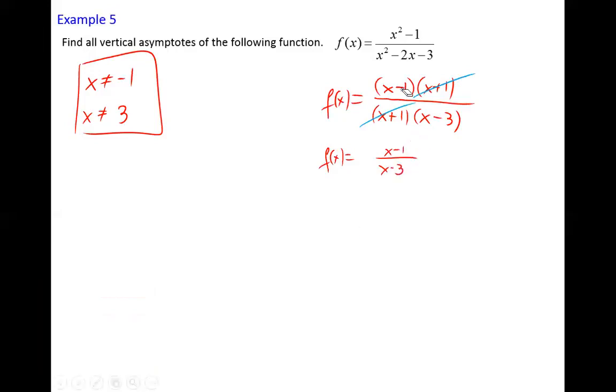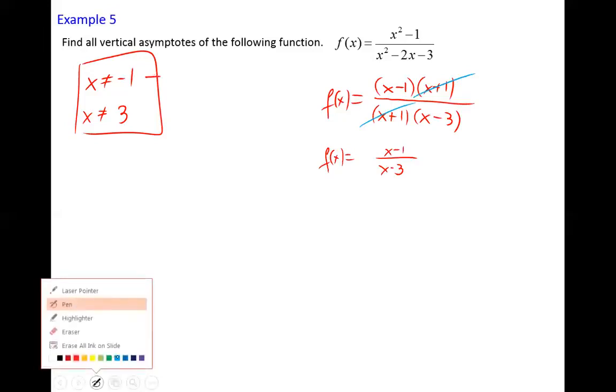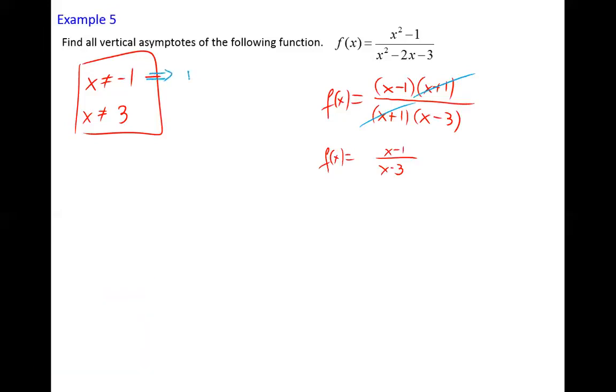That means x equals to negative 1 is not a vertical asymptote. No vertical asymptote because it's reduced. It will be a removable discontinuity. But this one stays. This is a vertical asymptote.